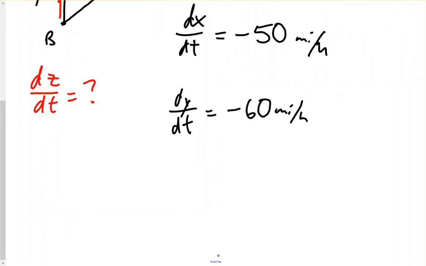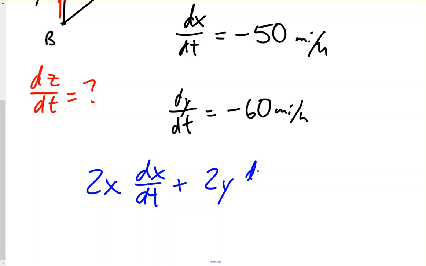When we take the derivative of x squared, we would get 2x dx/dt, plus the derivative of y squared is 2y dy/dt, and then the derivative of z squared is 2z dz/dt.